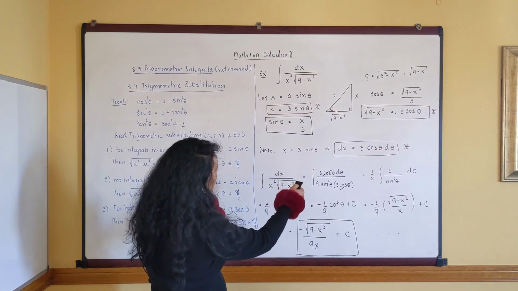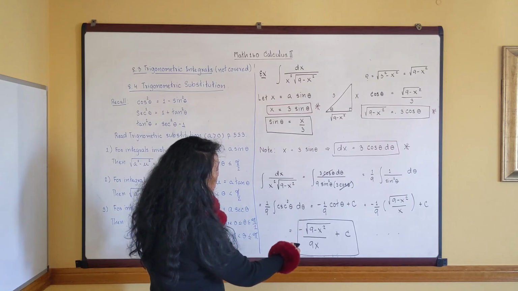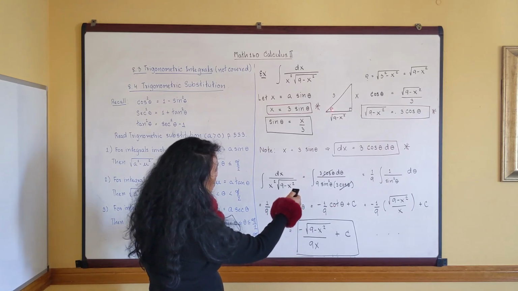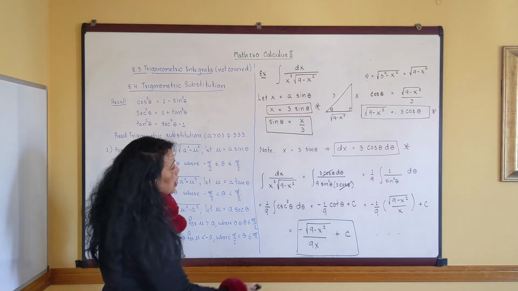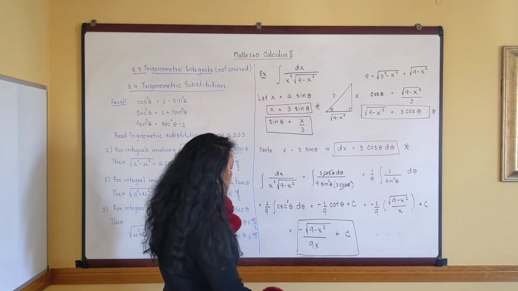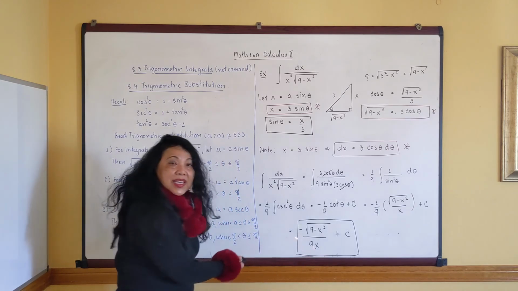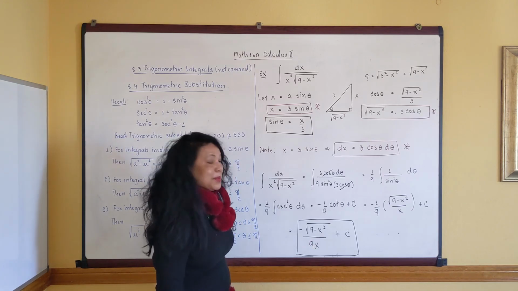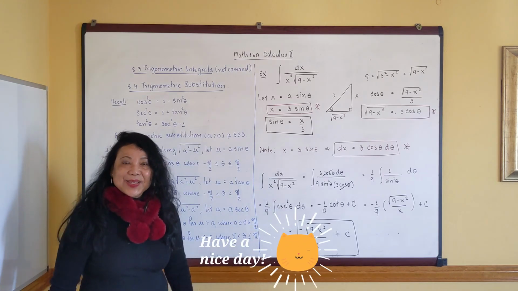So you go back to the triangle and figure out the cotangent theta. Cotangent theta is the square root of 9 minus x squared over x. And then I'm just rewriting it as negative the square root of 9 minus x squared, everything over 9x, plus c. All right, see you next section.